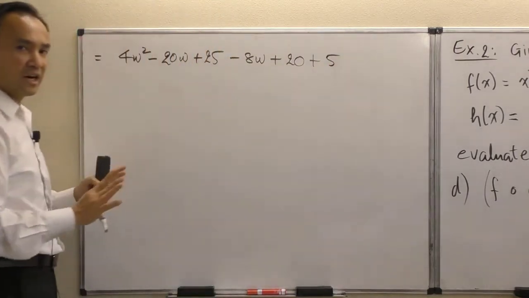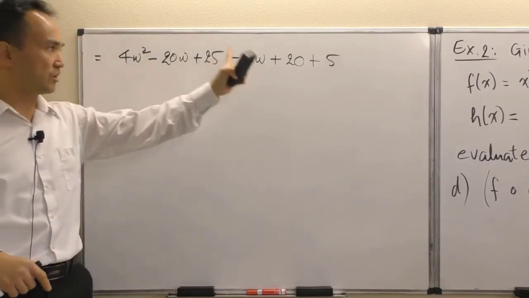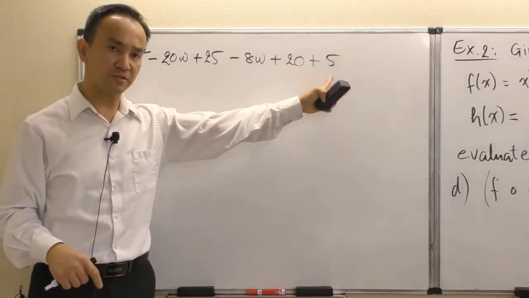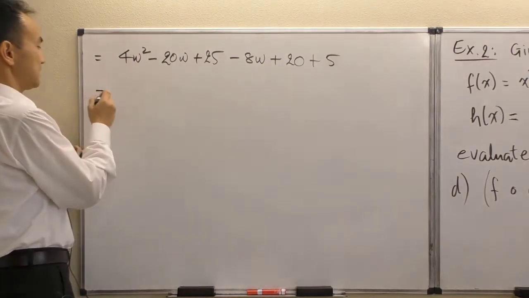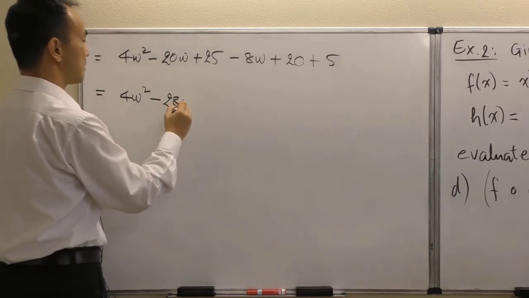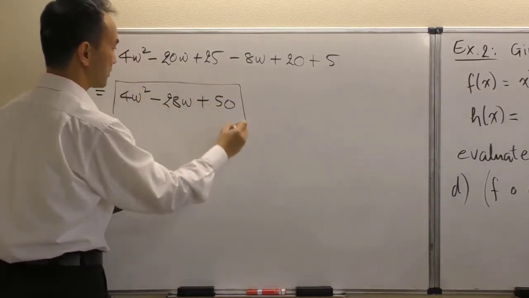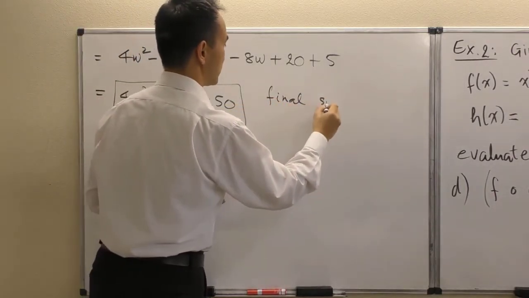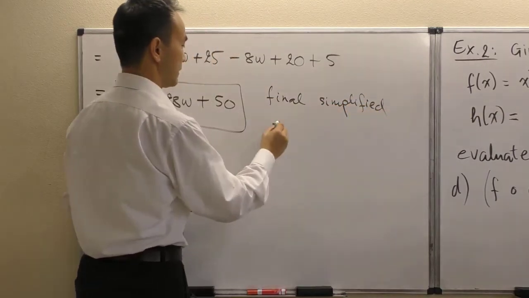Now we have lots of like terms to combine. The minus 20w and the minus 8w will combine together. These three constant terms can all combine together. So now that makes it 4w squared minus 28w plus 50. So this is, ladies and gentlemen, the final simplified expression.